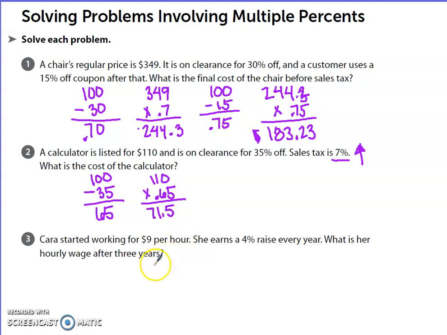But don't forget, you have to pay sales tax on top of that. That's a markup. So you're going to pay 107% of that price. Don't forget to put your decimal, 1.07. This is the sales tax. So you're going to get $76.51 for that calculator.